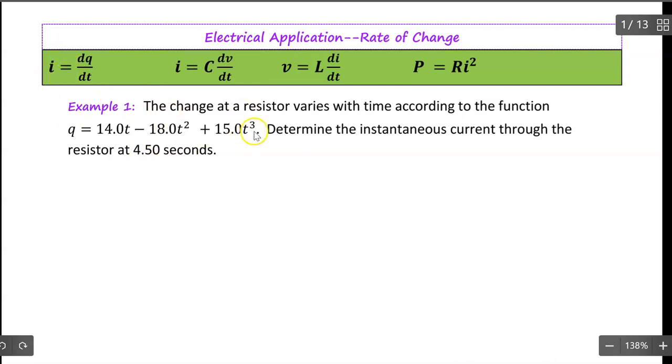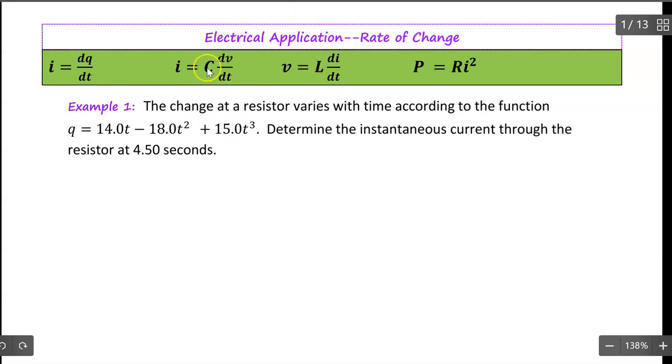Okay, so the next formula I would like to go over with everyone is i, also the instantaneous current, but we are talking about a circuit that has a capacitor in it. In this case, I have a capacitor.